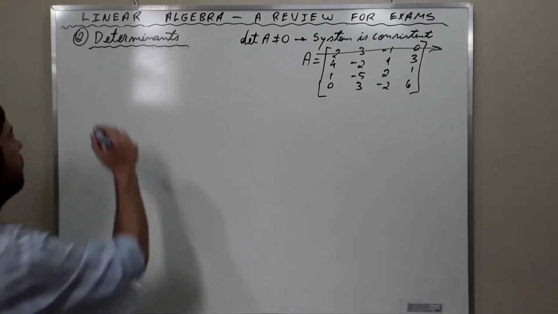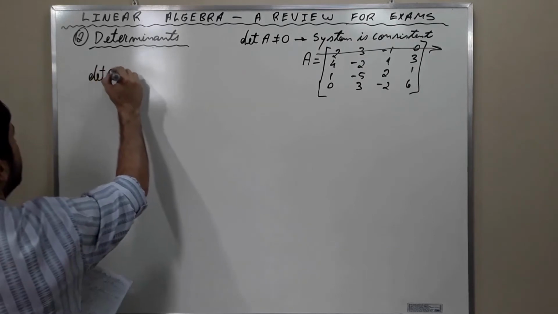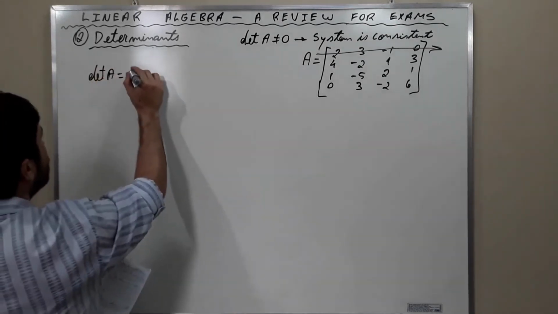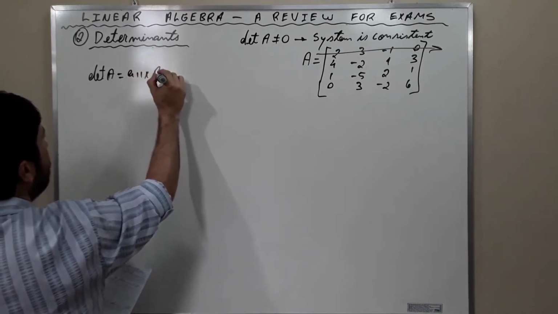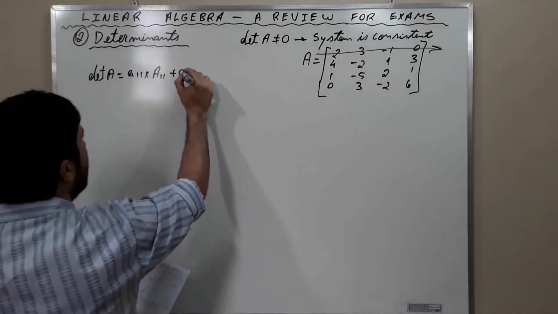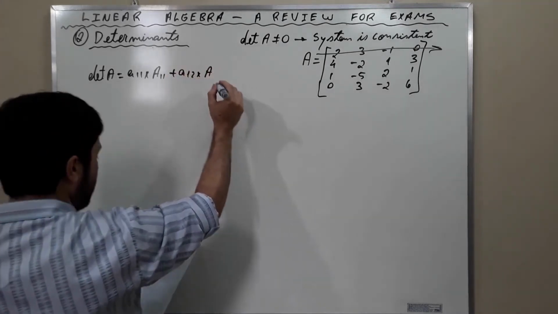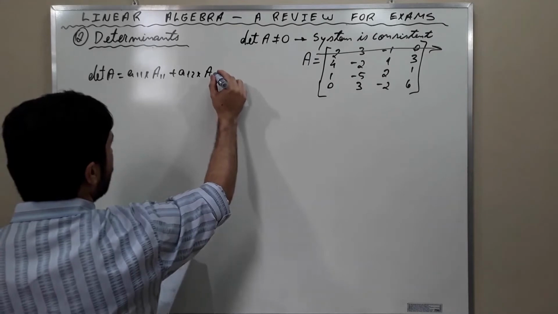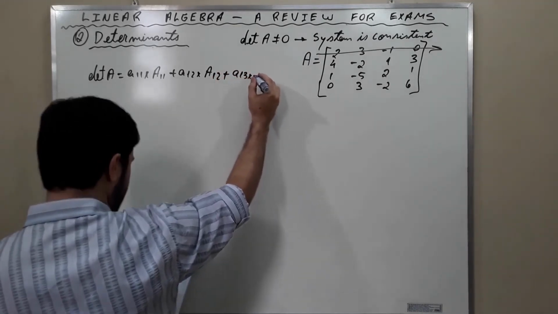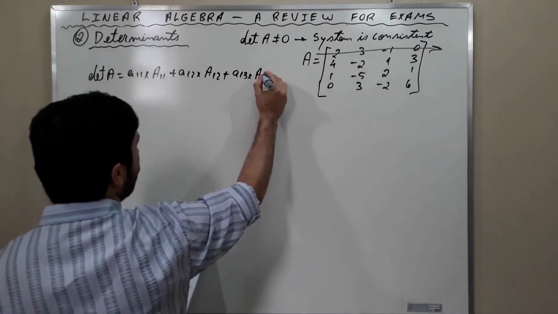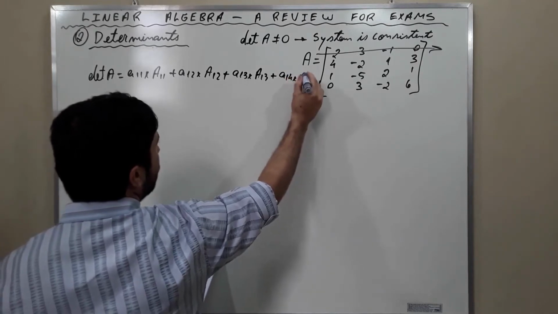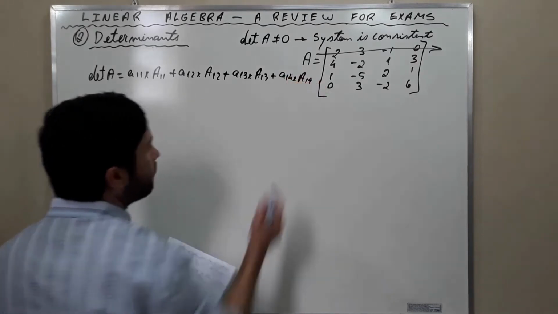So the determinant of this 4x4 matrix is equal to a11 times the cofactor A11, plus a12 times the cofactor A12, plus a13 times the cofactor A13, plus a14 times the cofactor A14.